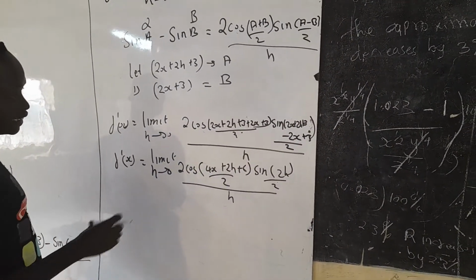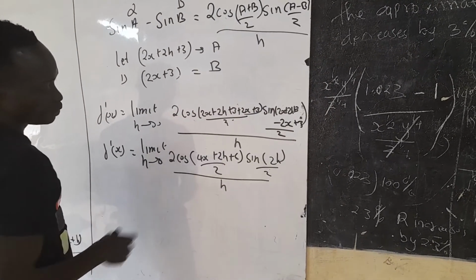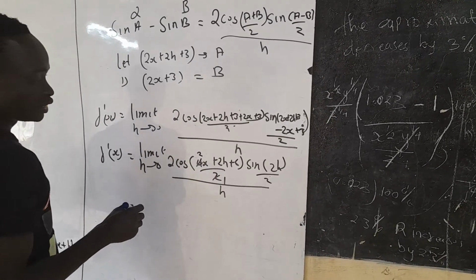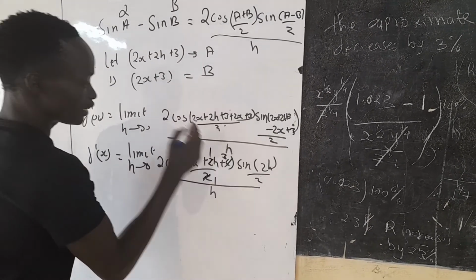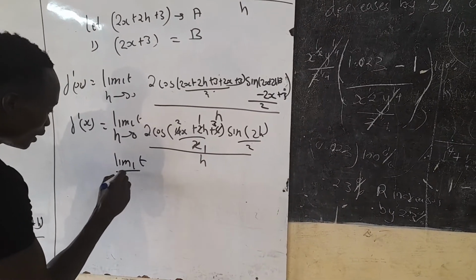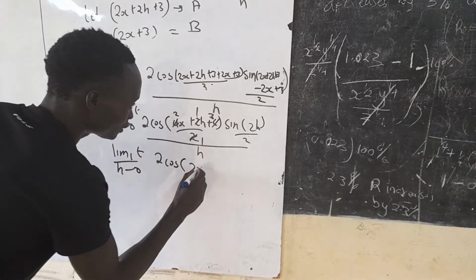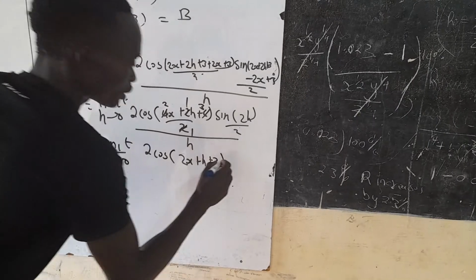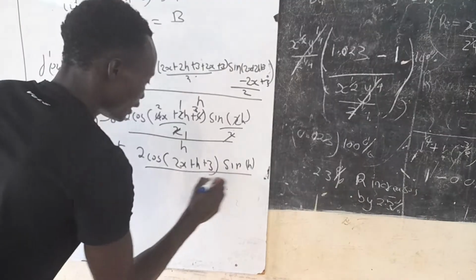So at this point when you reach here, of course you will start to divide everything because all of them are divisible by 2. So 2 goes into each one time, and into 6 three times, such that what we have there is now the limit when h is approaching 0 of 2 cos of (2x + h + 3) sine of h, and the 2s will cancel, h over h.